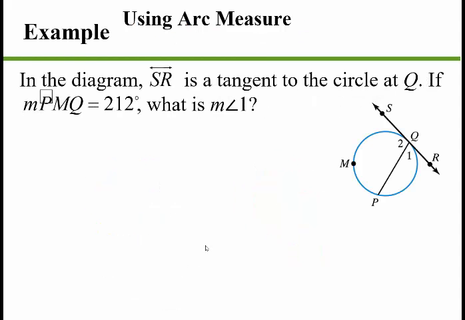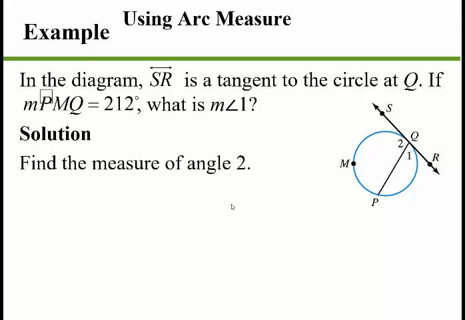All right, so in the diagram, line SR is tangent to the circle at Q. If we know the measure of arc PMQ, from here to here, is 212 degrees, what is the measure of angle 1 here? The first thing I'm going to do is find the measure of angle 2.